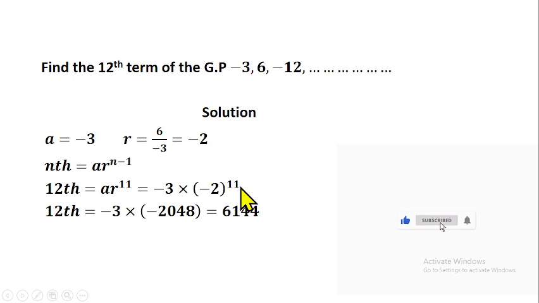Then minus 2 raised to power 11 will give us minus 2048. Then minus times minus will give us plus. 3 times 2048 will give us 6144. So when you continue this GP and get to the 12th term, we are going to see 6,144 there. Do we understand that?